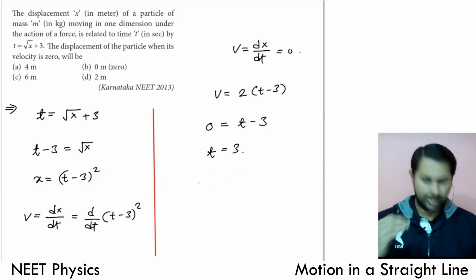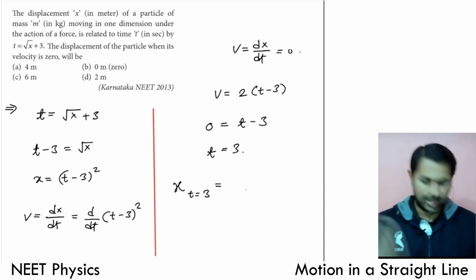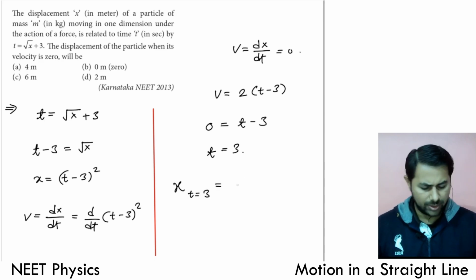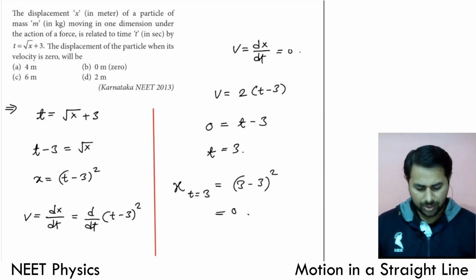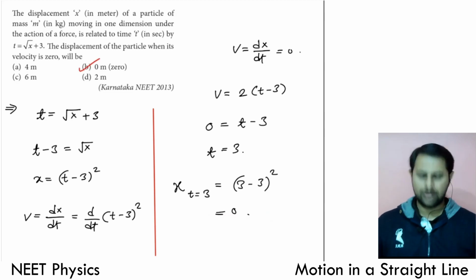You want displacement when the velocity is 0. So x when t is equal to 3, because at t equals 3 the velocity is 0. So that is 3 minus 3 square, right? So that is 0. So the answer is 0. Okay, this is simple. Yes, no, everyone?